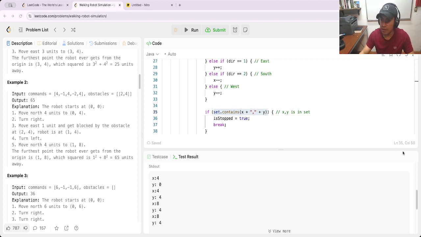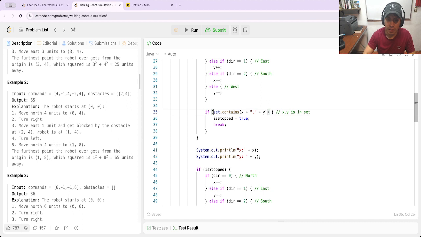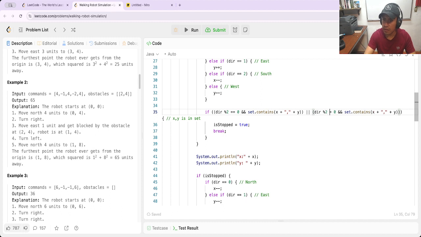For example, here, if direction mod 2 is equal to 0, yeah, is this, or, what is my or here? Okay, or, and here switch.